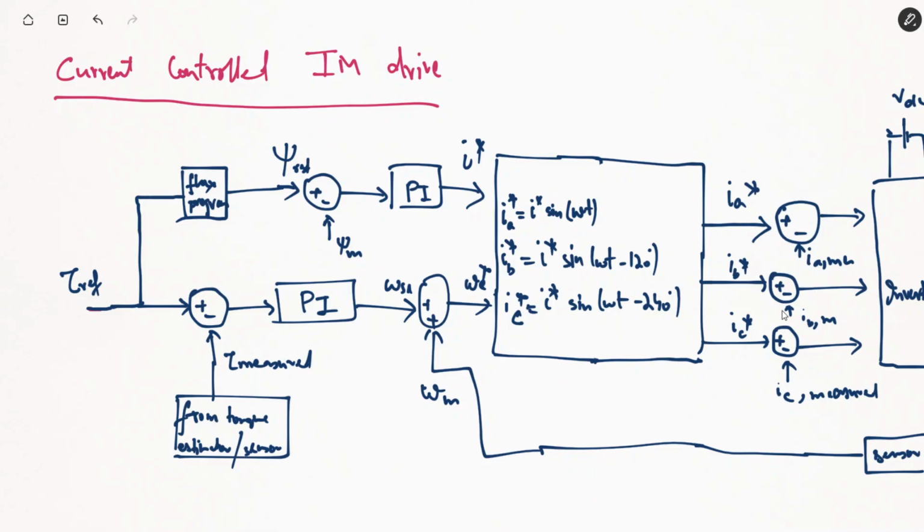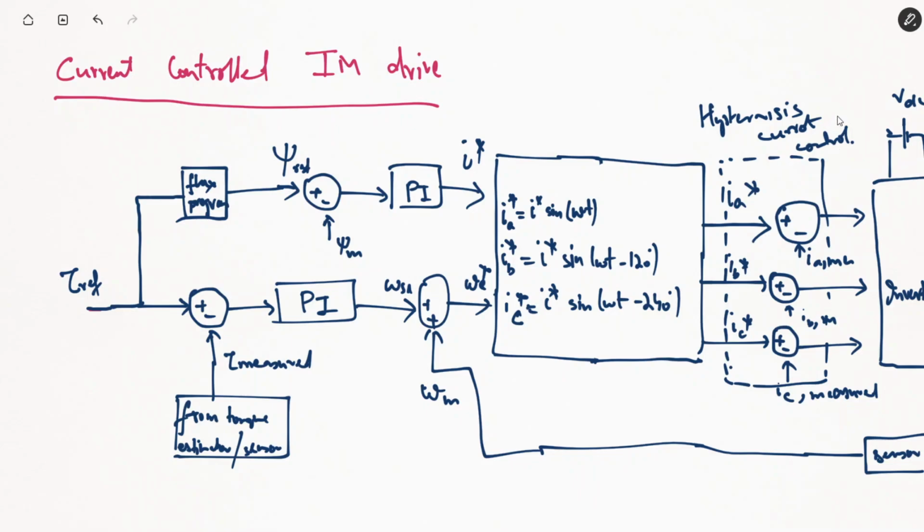So this is actually a hysteresis current controller. Hysteresis current control will give us different pulses feeding the inverter.